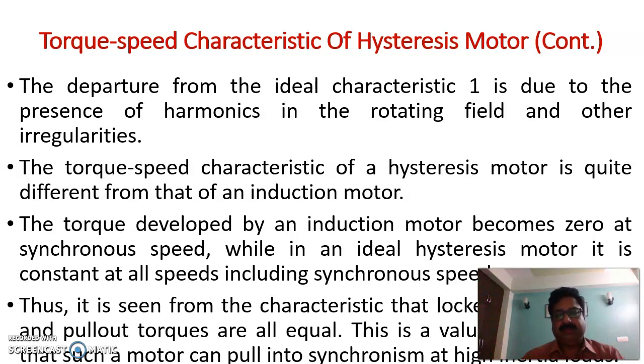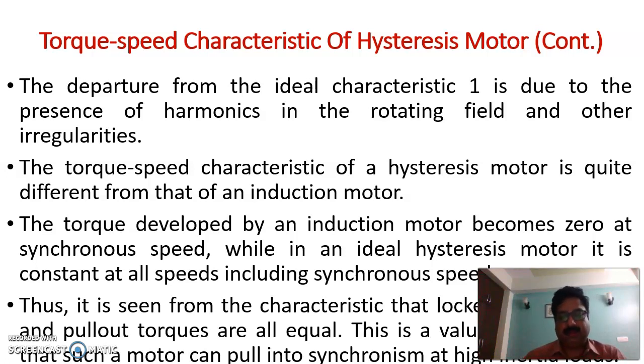Whatever torque is developed by an induction motor at synchronous speed, we know that it is always zero, right? In an induction machine, the torque developed at synchronous speed is always zero. But in the hysteresis motor, this doesn't happen.